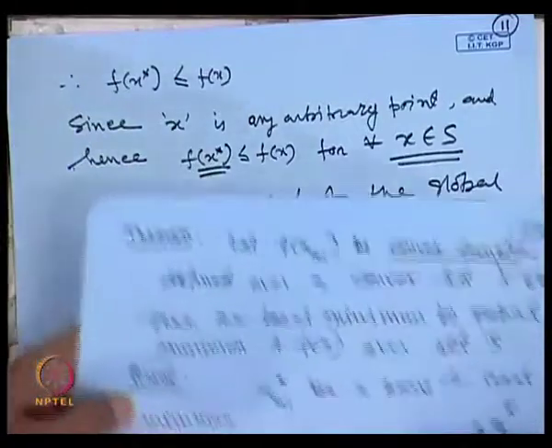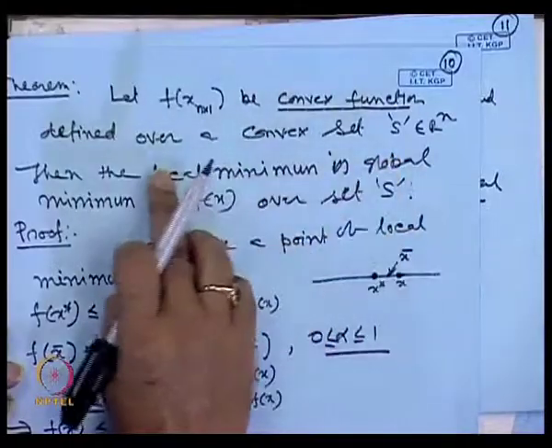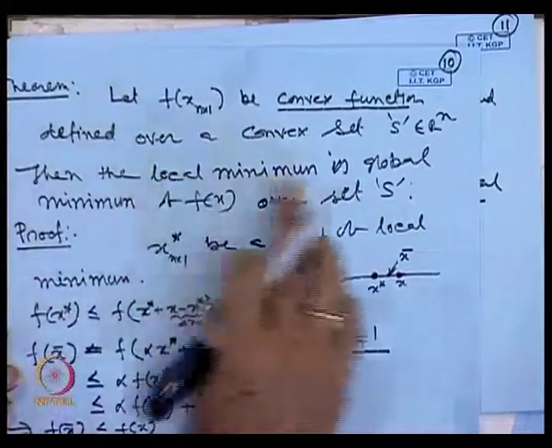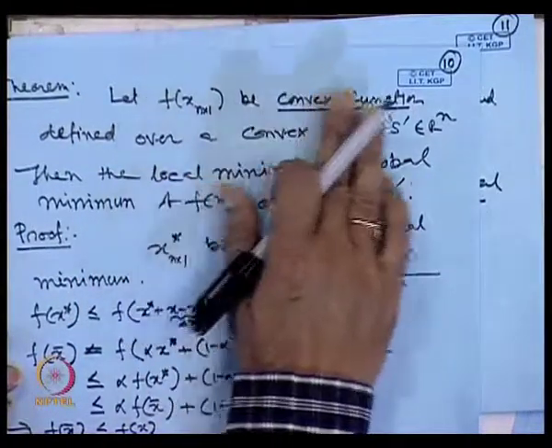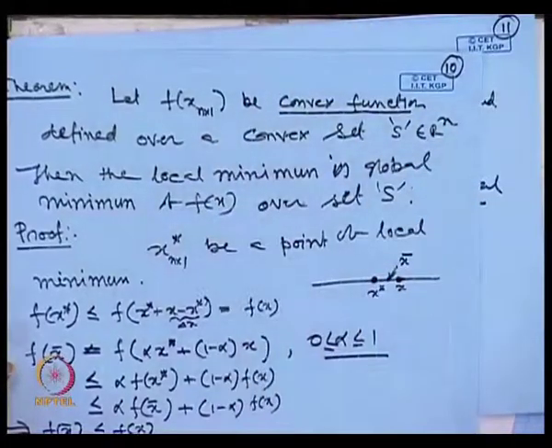Our conclusion is that if f of x is a convex function over a convex set S, then the local minimum is nothing but the global minimum of the function. So, next class we will discuss other points. We will stop here now.